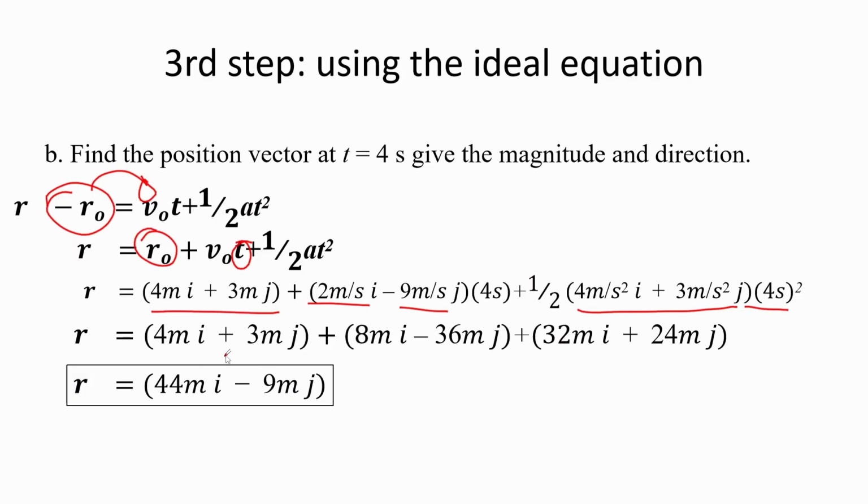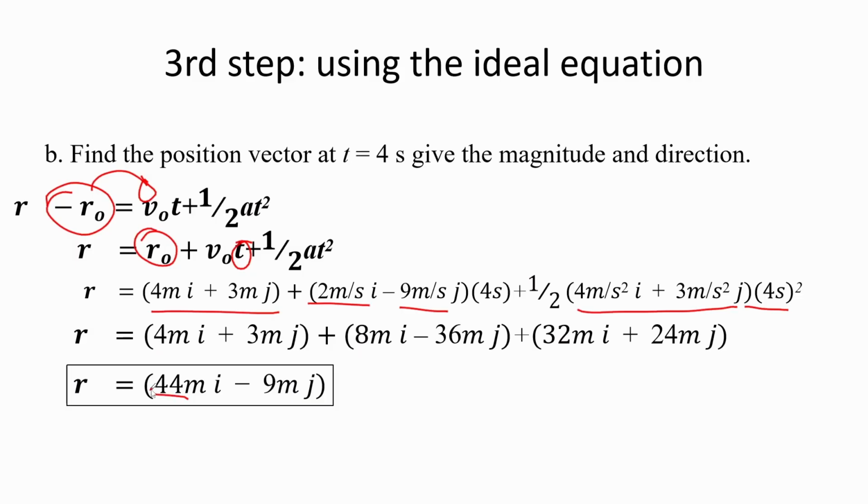So substituting. And now adding these, so it becomes 8 plus 32 plus 4. 8 plus 32 gives you 40 plus 4 becomes 44 meters.